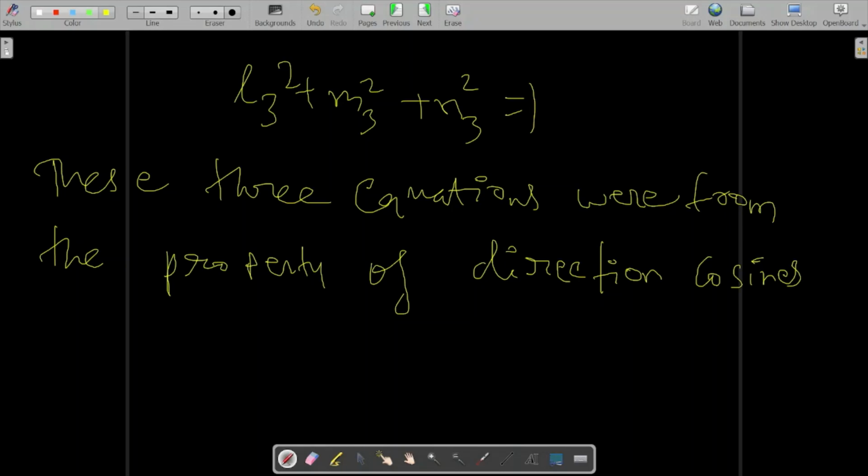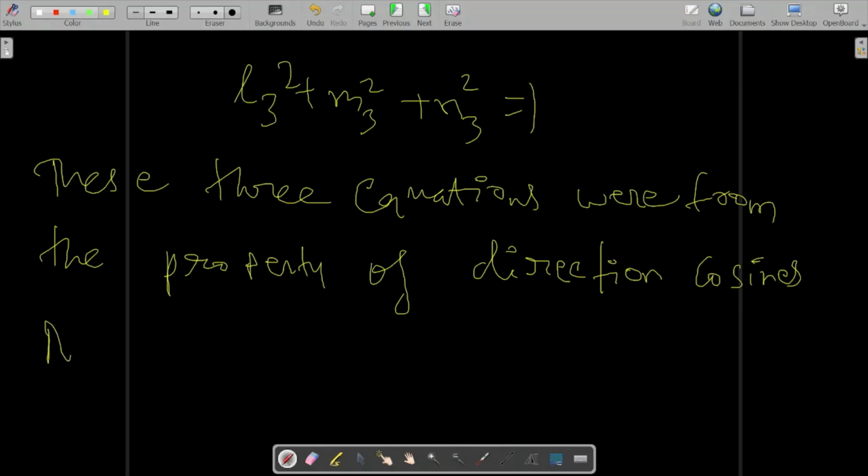So these three equations, L1 square plus M1 square plus N1 square, L2 square plus M2 square plus N2 square, L3 square plus M3 square plus N3 square, all these three equations are from the property of direction cosines.